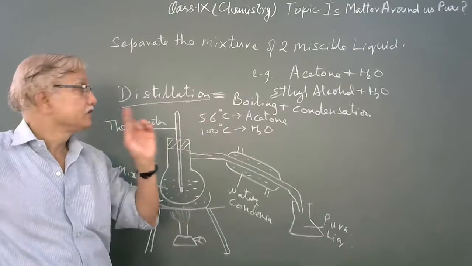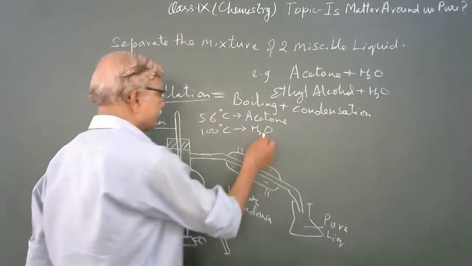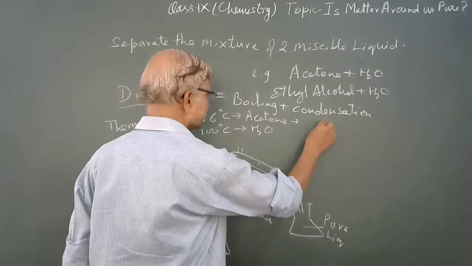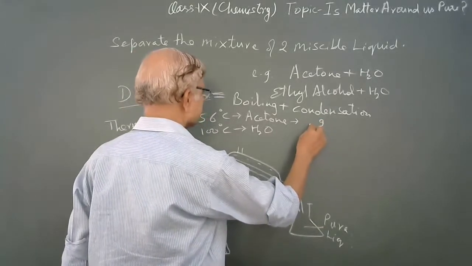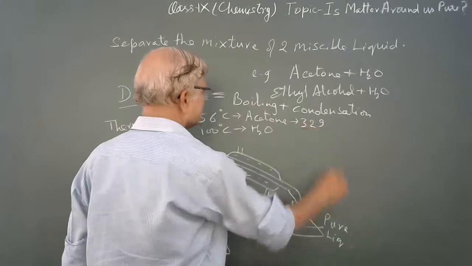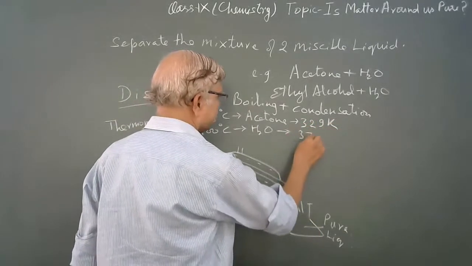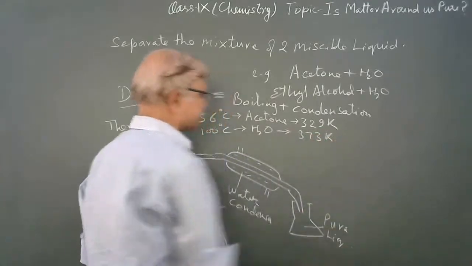What will it be in Kelvin? 56 plus 273 is 329 Kelvin. And water will be 373 Kelvin.